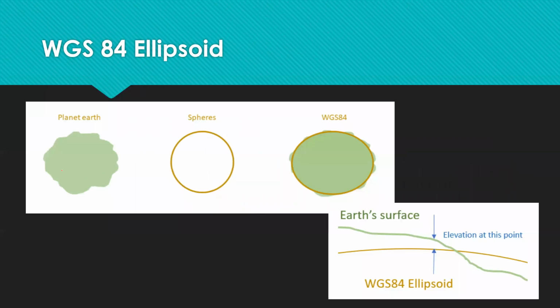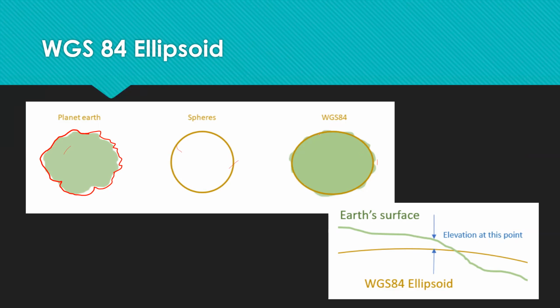Okay, so planet Earth is a funny shape. And this is an exaggerated shape, right? It's not actually this bumpy, but it is lumpy, right? It's not perfect. We've got mountains. The sea level isn't the same everywhere, and it's awkward, right? So a sphere is this, and then we have WGS 84, which is an ellipsoid, and it tries to fit the surface of the Earth as best as we can.